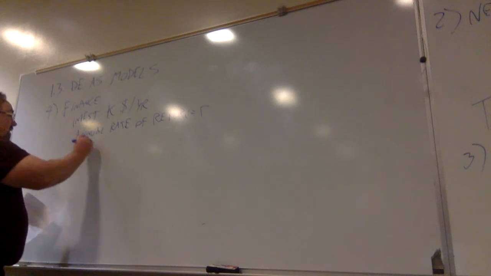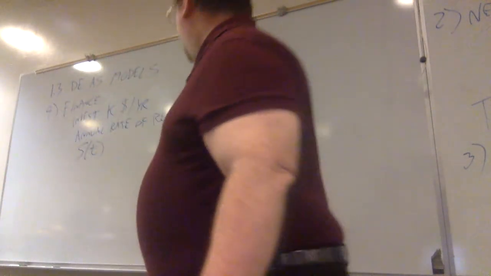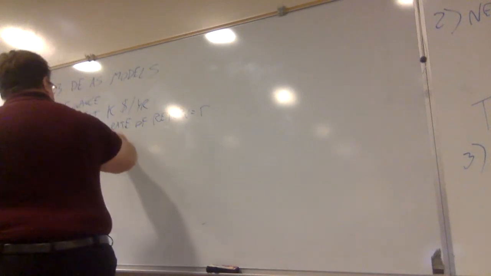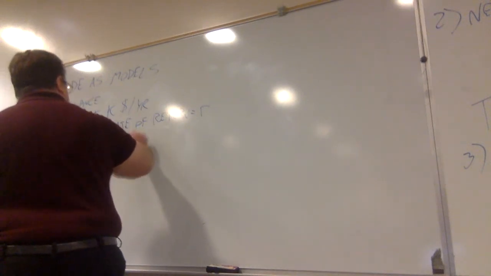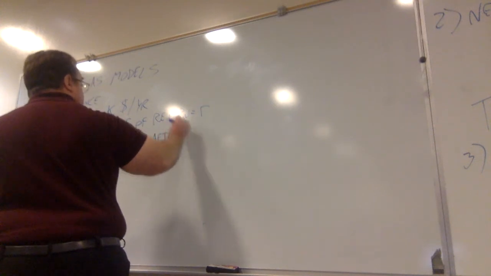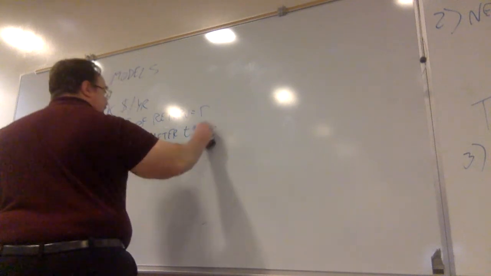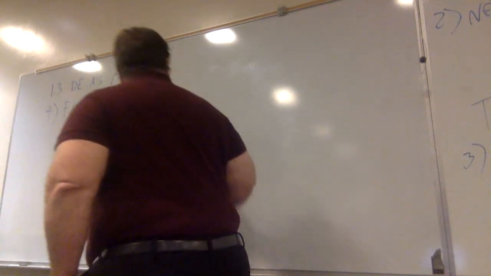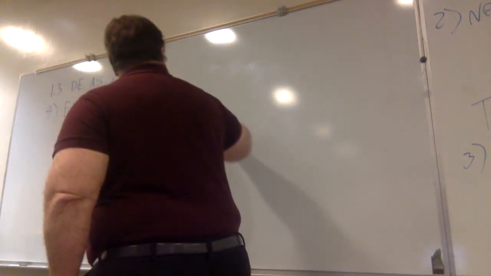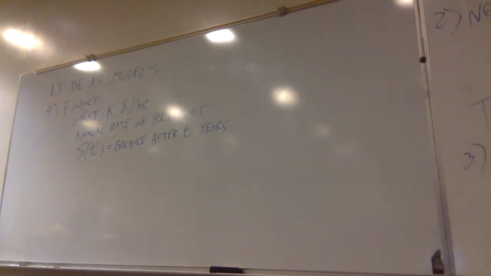And we'll describe S of t to be the total balance, the value of your investment, after time t has passed, where t is measured in years. So everything is annual.